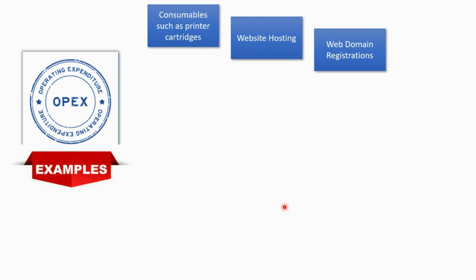Next, web domain registration is also considered as operational expenditure. Some people may argue it's going to be a one-time investment and so it should be classified as capital expenditure.